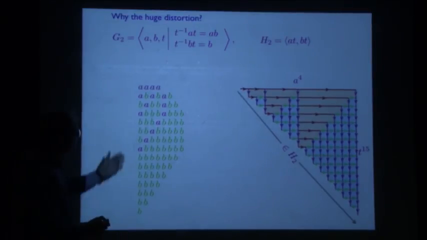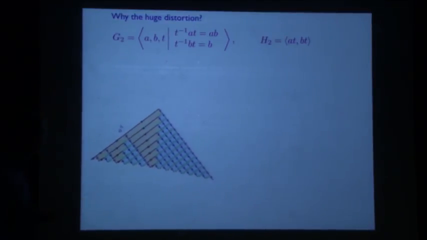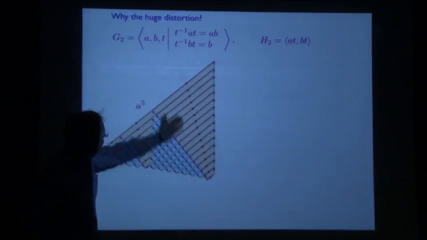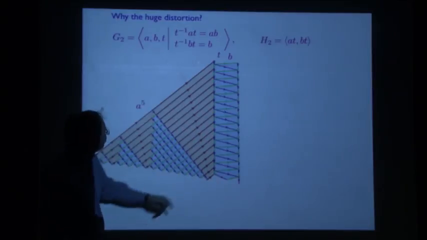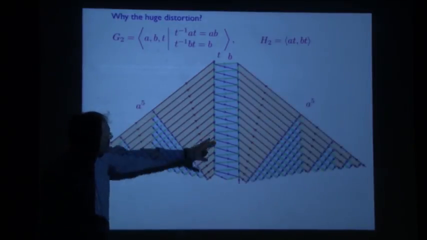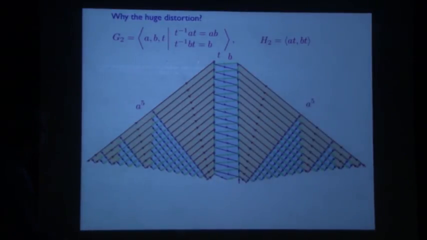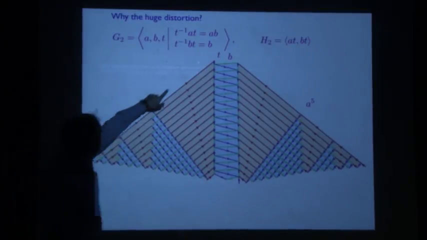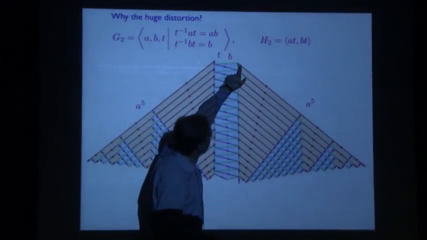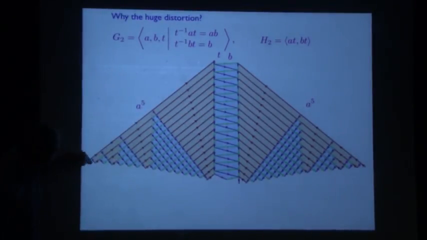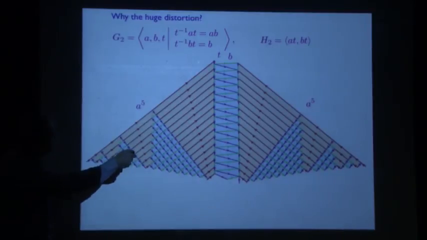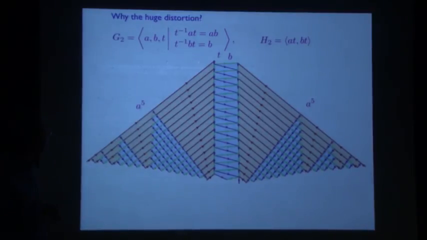Okay, so now take this and put another line of cells on it, and then put another corridor of cells on it, and then put the mirror image over there. And what we've then got is A to the 5 times TB times A to the minus 5 equals some word on the generators of H2, some word on AT and BT.